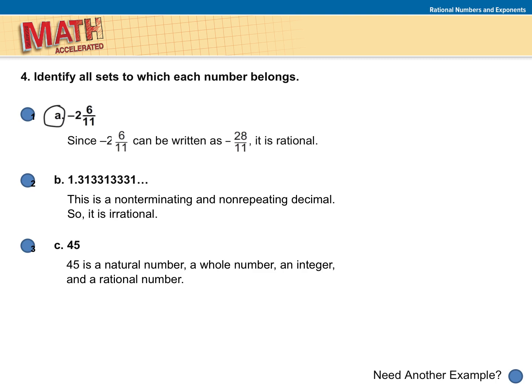It's repeating, it doesn't terminate, and it doesn't have a pattern. So remember, repeating decimals can be rational, but this one doesn't have a pattern, so it's irrational. What about C? Rational. Is it anything else? Yep. It is everything: rational, integer, whole number, natural number. All of the above.